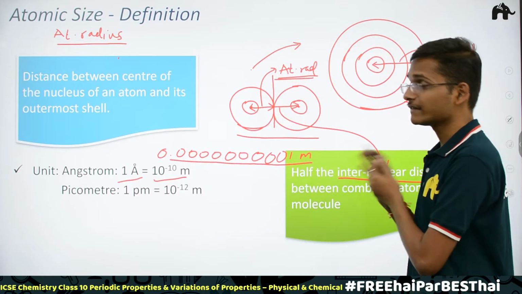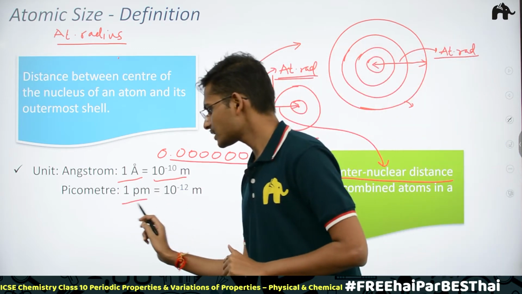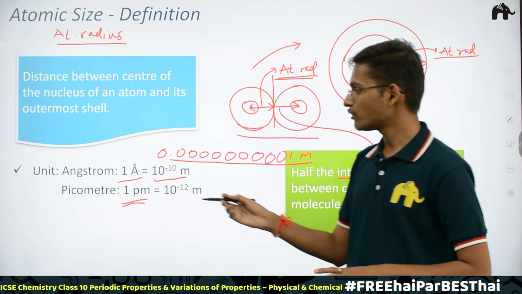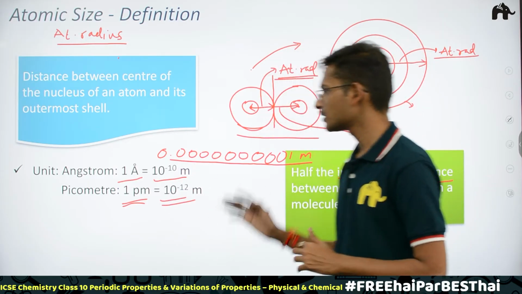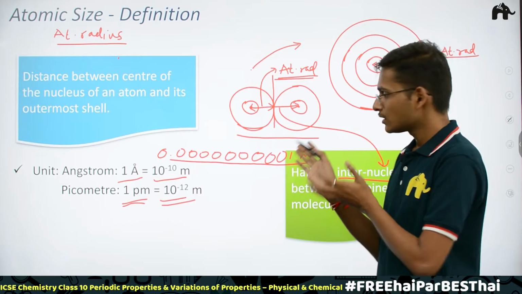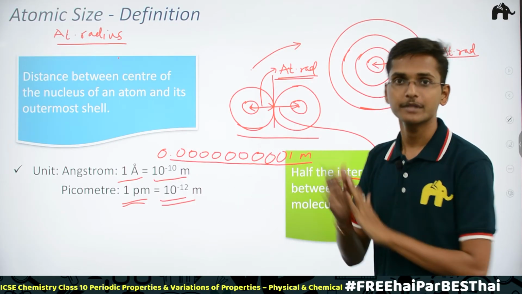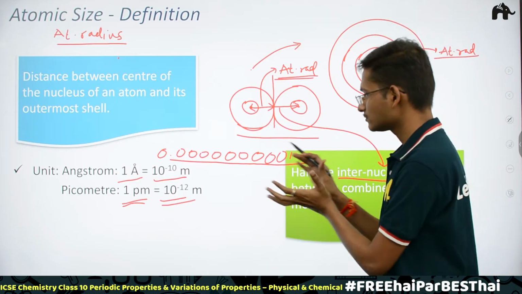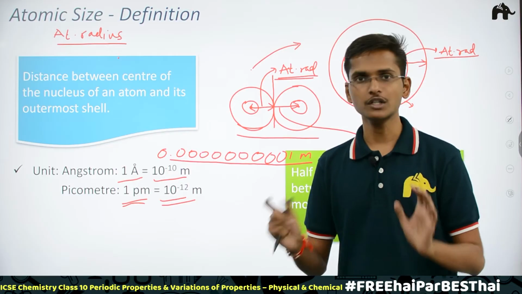See, it's very, very small. Similarly, we also measure atomic radius in picometers. 1 picometer is much smaller, 10 raised to minus 12 meters, so we add 2 more zeros. The size of the atom is very small, and therefore we use such very small units.